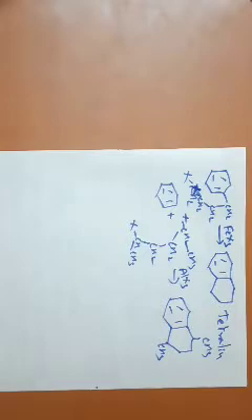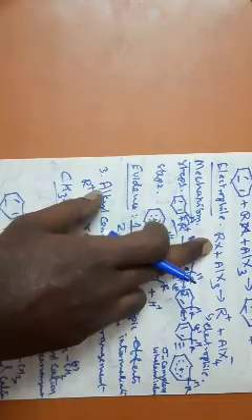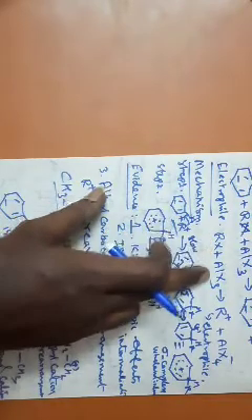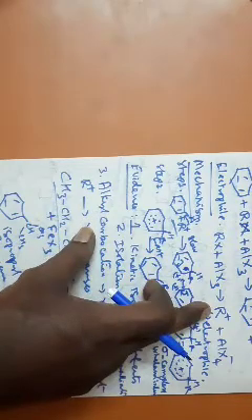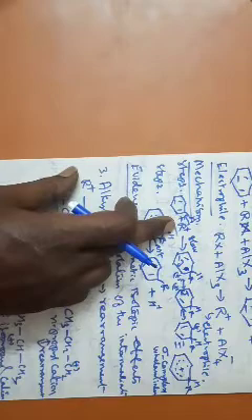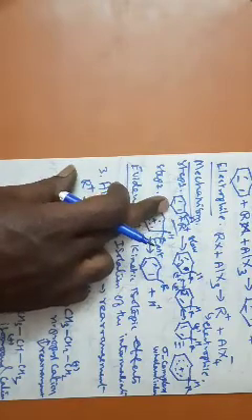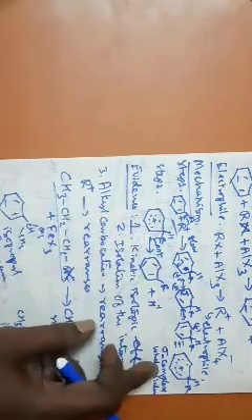So I have explained how the attacking species is formed in this reaction. If it is an alkyl halide, then alkyl halide reacts with Lewis acid catalyst to give you the alkyl cation. The alkyl cation attacks over the aromatic ring in a slow step to give you the sigma complex or valence intermediate.